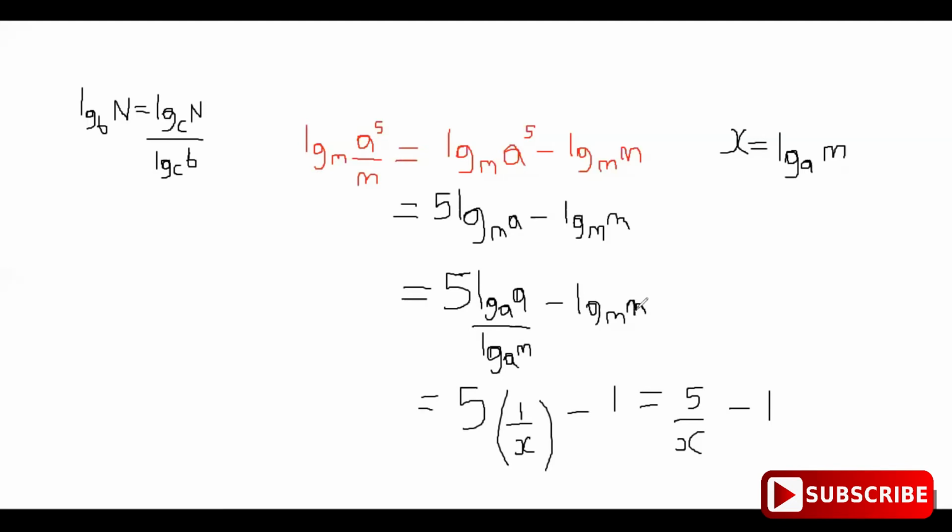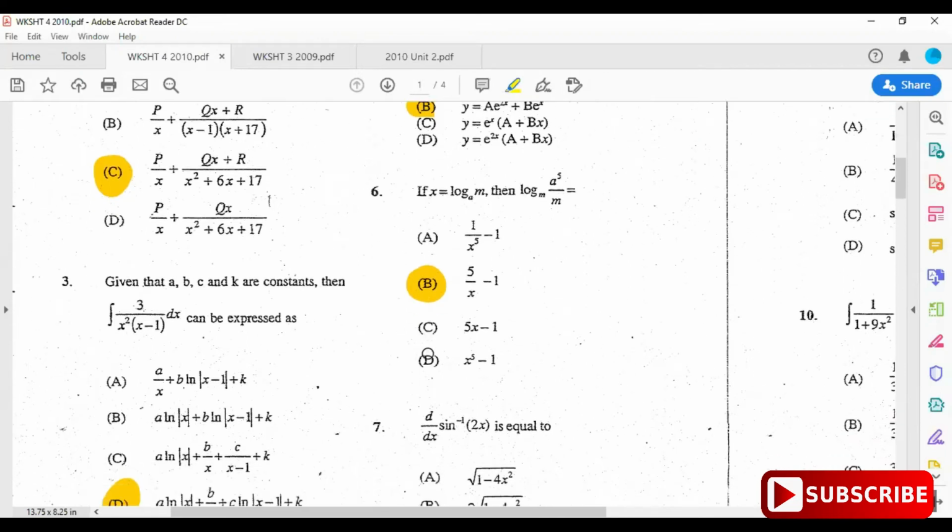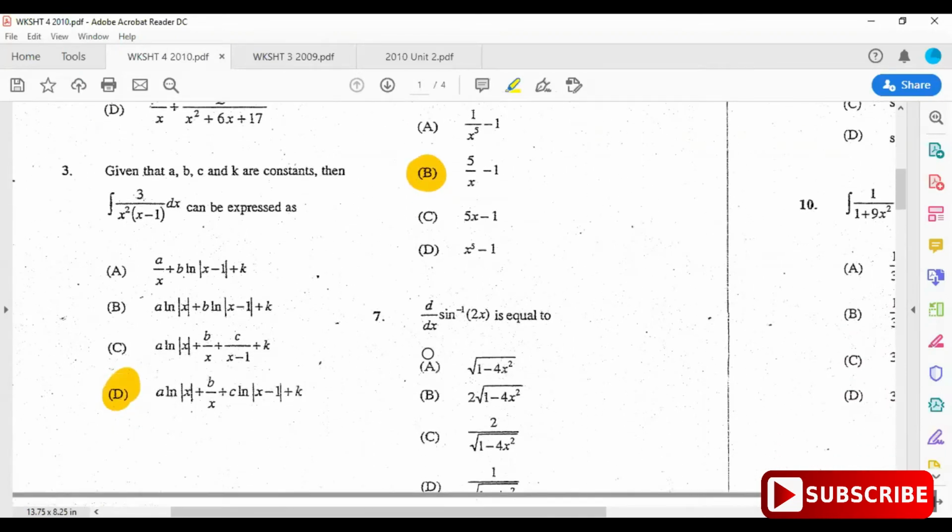Something like this we get for the module 1 test, the hard logarithm equation that we'll get. Now we could finish. So this one would be B.